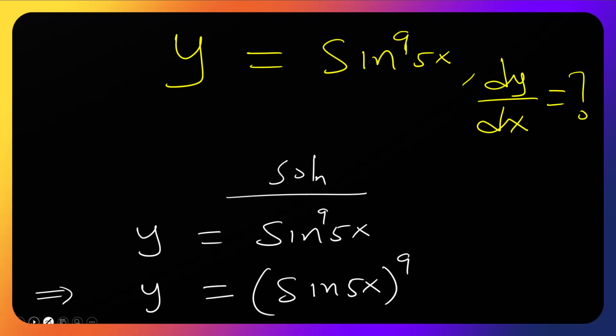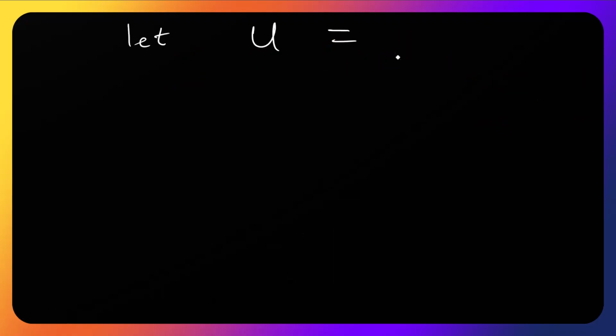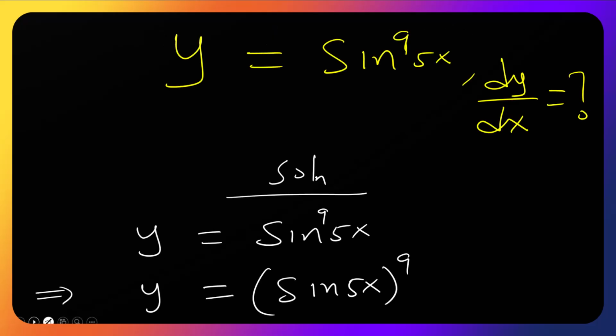So let u represent what is in the bracket, that is sine 5x. All right, so we are going to differentiate this and do the same to this one.